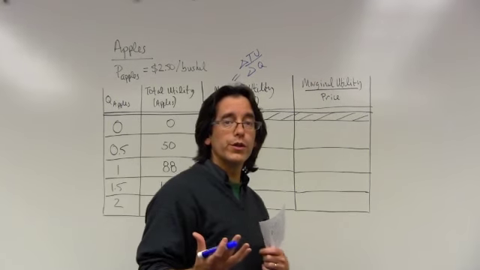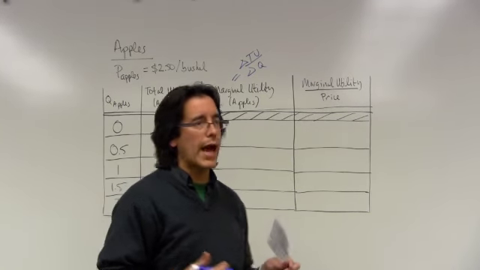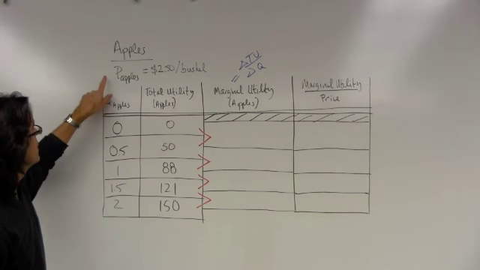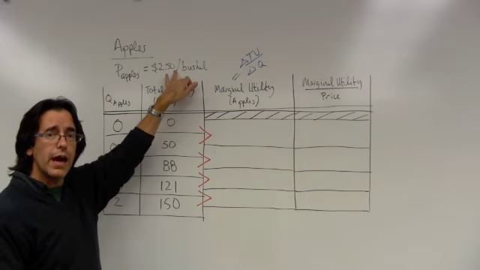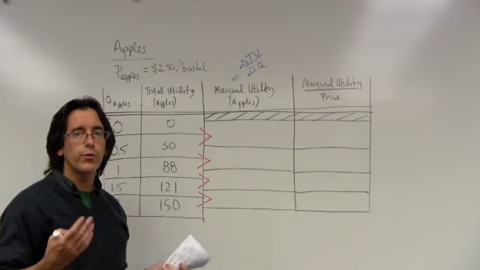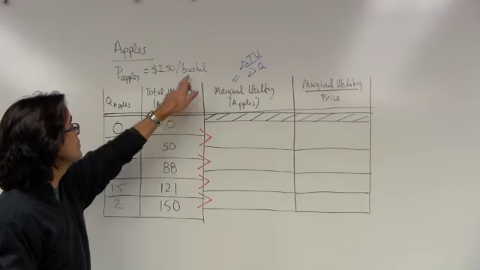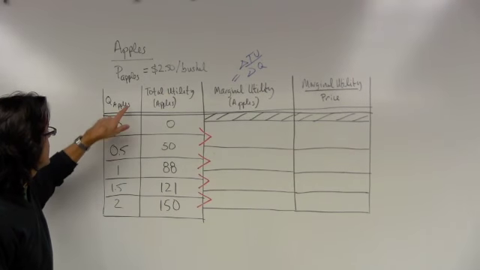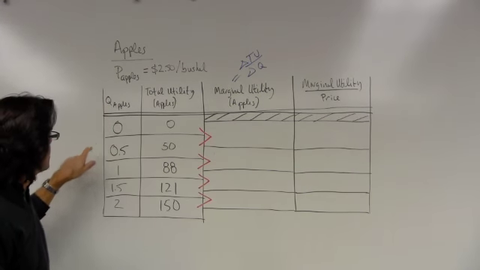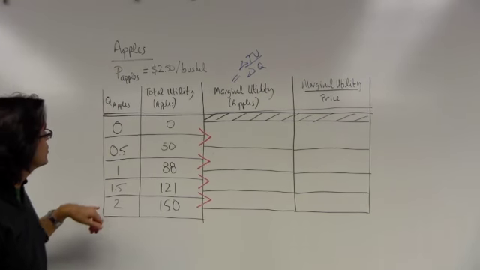Okay, so we're going to look at apples first, just apples. So here I have a table for apples. The price of apples is $2.50 a bushel. Our chosen unit for looking at apples is bushels, so I have quantity of apples measured in bushels: 0, 0.5, 1, 1.5, and 2.